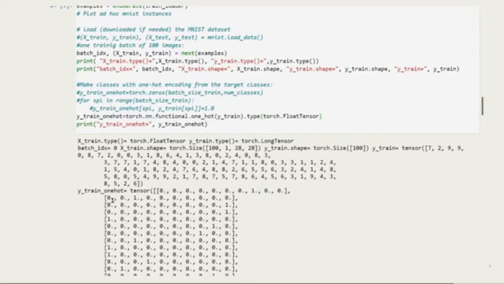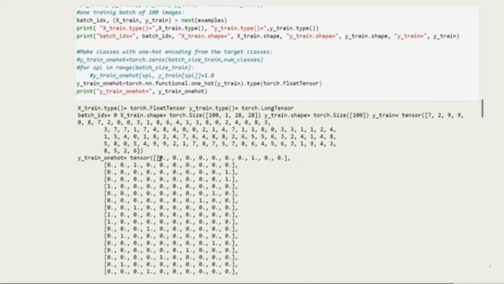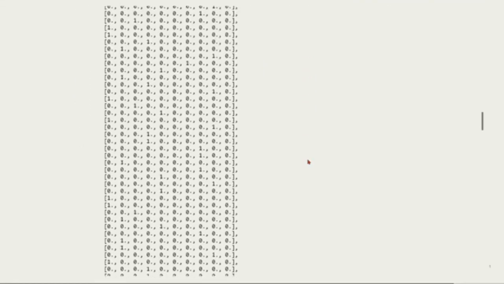This is a 2, so 0, 1, 2, and so on. So now we've converted our target. It was an integer that describes the digit, and now we are using the one-hot format that also describes the digit, but we have a 1 at the position of the digit representation.